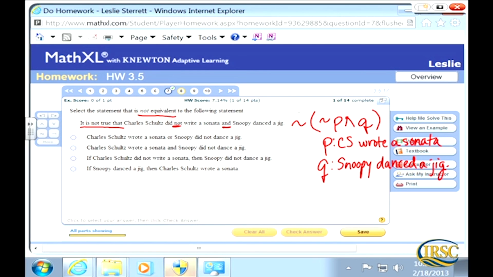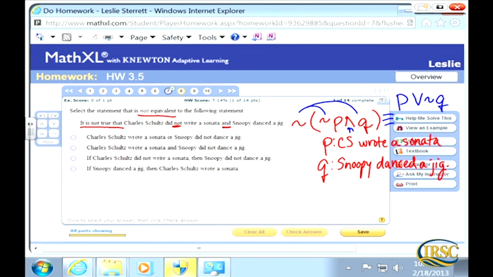So it's as if I distribute this negation and flip this. The negation of a negation just brings me back to the actual simple statement. So P, the and flips to or, and then this becomes not Q. So this statement is equivalent.